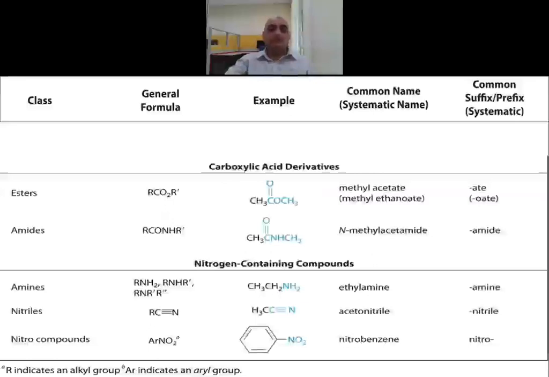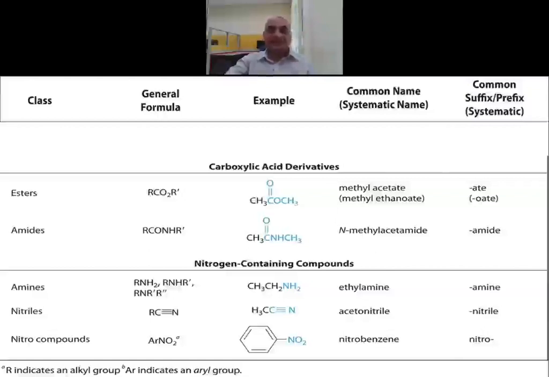Now we move to the next one. Here we have esters and amides. Here you can compare the aldehyde and carboxylic acid.